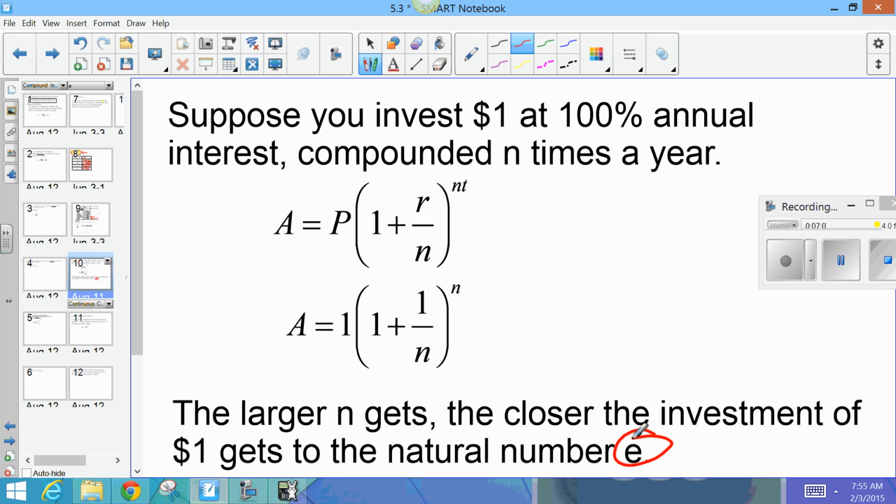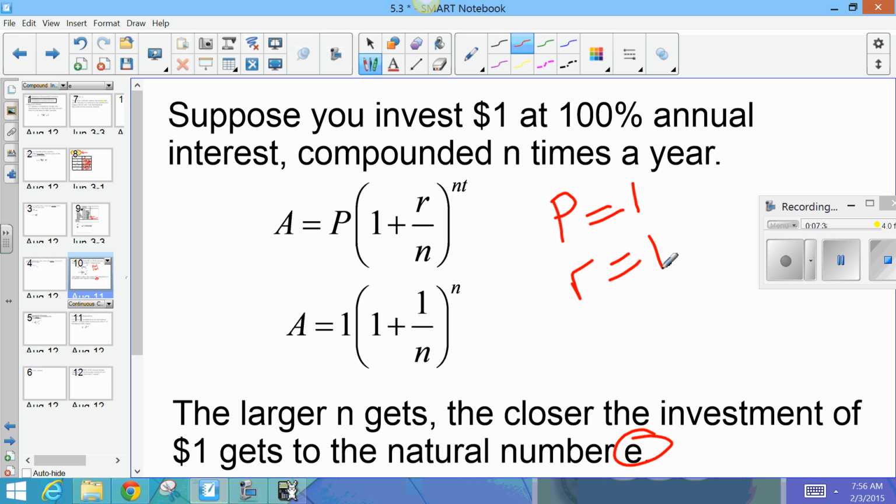And now what we're going to do is go back to a word problem with interest. Suppose that you invest $1 at 100% annual interest compounded n times a year. So if you just plug in 1 for P, 1 for r, and 1 for n.